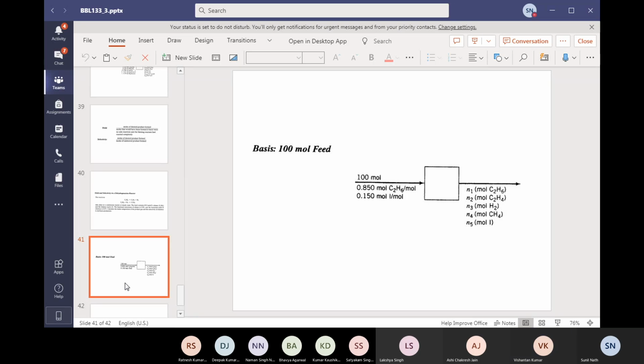Fractional conversion means how many kilomoles of ethane you fed per hour in the denominator, and how much of that got consumed per hour. Whether it is consumed to make the desired product or the undesired product methane is irrelevant. So you have to include the consumption. It's always based on consumption upon feed, small f.